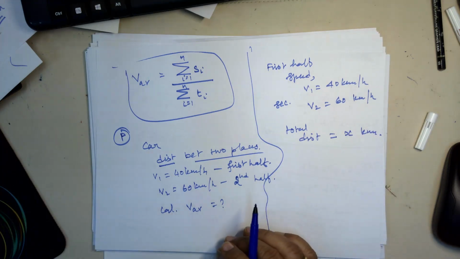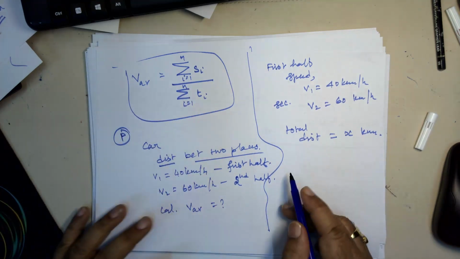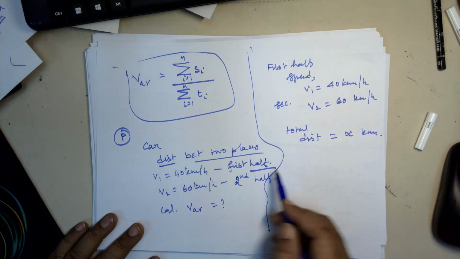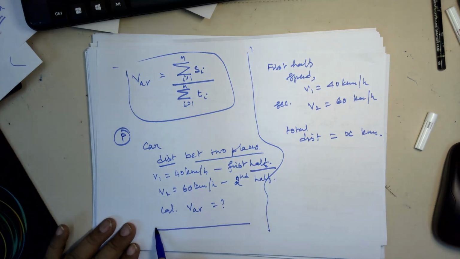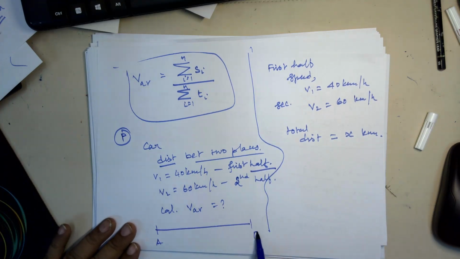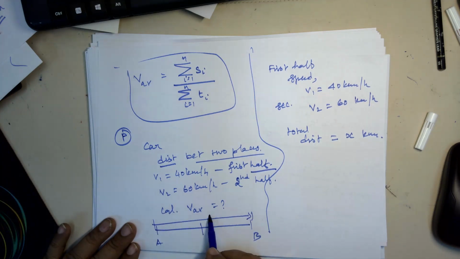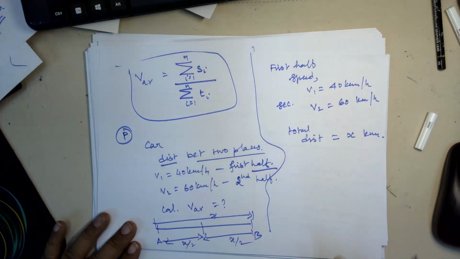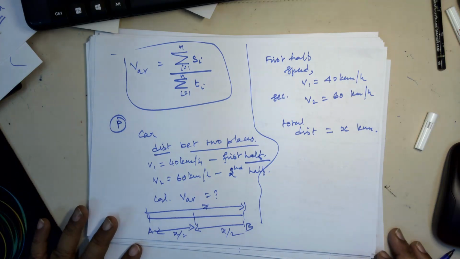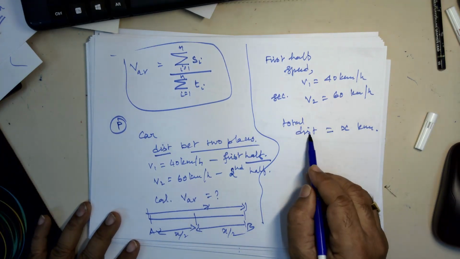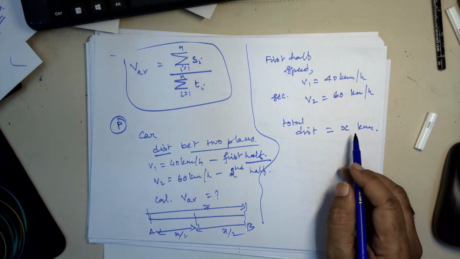Okay, and what could be the first half distance? That is exact because it is said half. For example, let me consider the car is moving like this, starting from A up to B. So the total distance is x, and the first half means x by 2. The second half is also x by 2. Do you understand this? Okay. So here the total distance is equal to x kilometer.